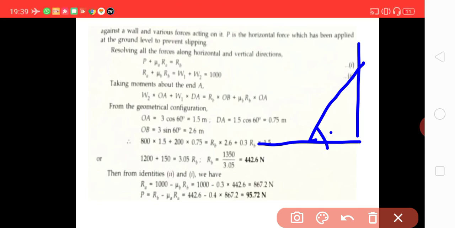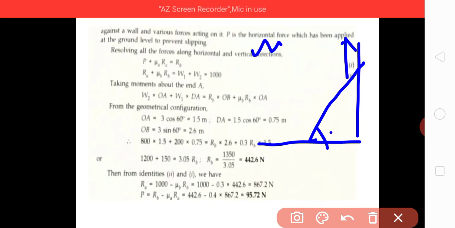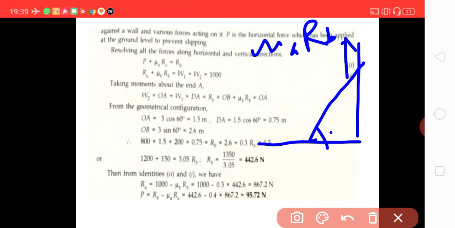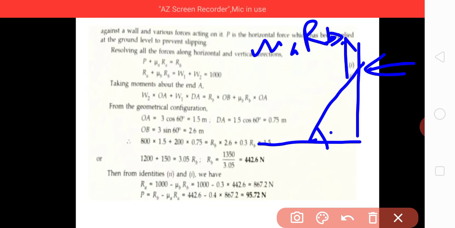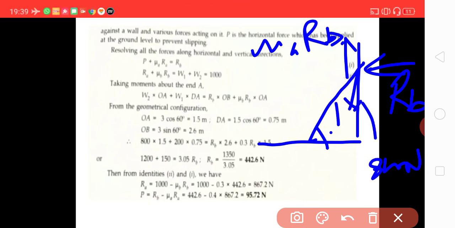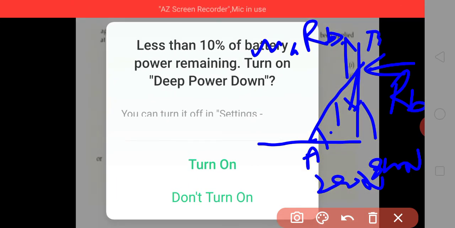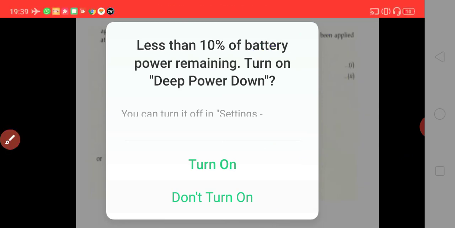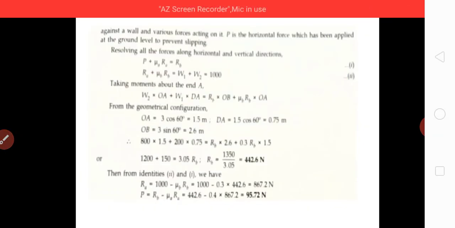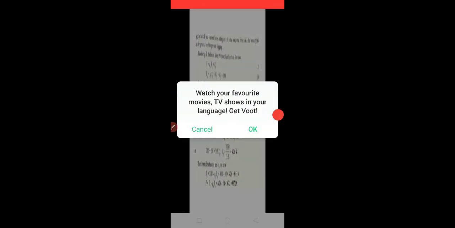60 degree angle, mu B RB, weight downward 800 Newton, this weight 200 Newton downward. From the geometry configuration, OA is equal to 3 meter, that is center below 3 cos 60.